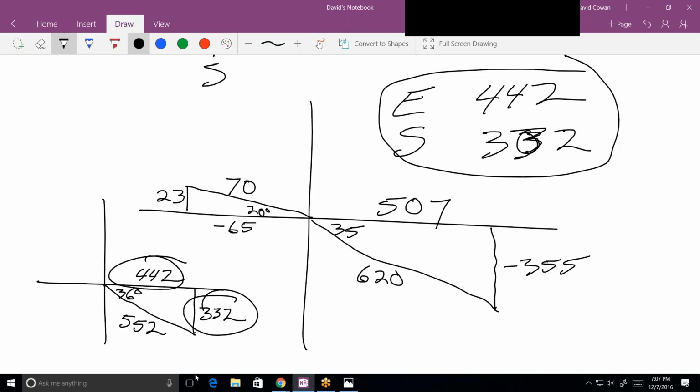So is that the ground speed? Yes. If you were measuring the speed of that airplane relative to the ground, it would be 552 miles an hour, even though its speedometer is still saying 620. Remember, the speedometer in the airplane is not measuring ground speed, it's measuring airspeed.